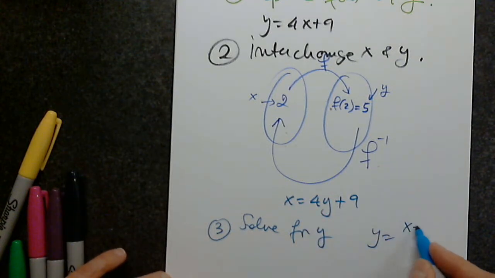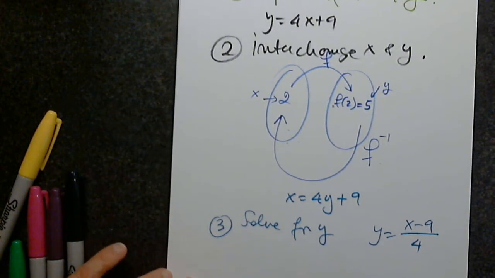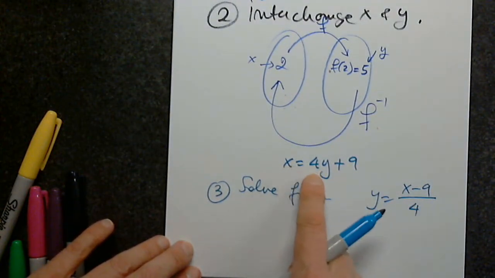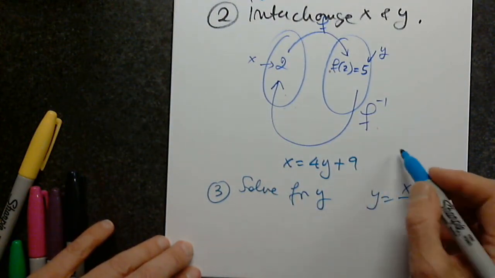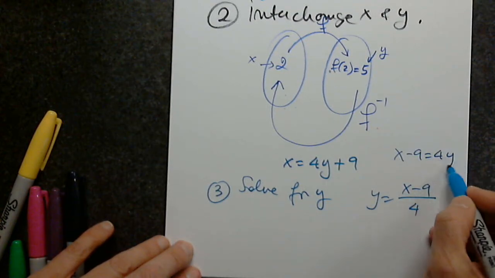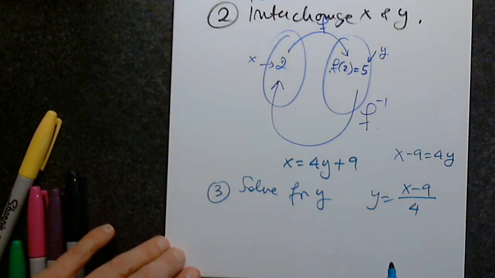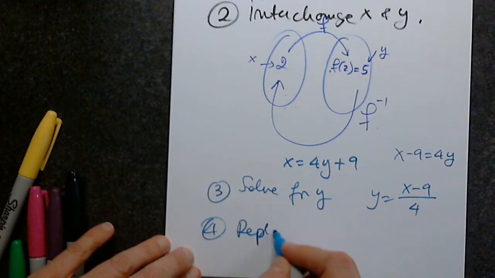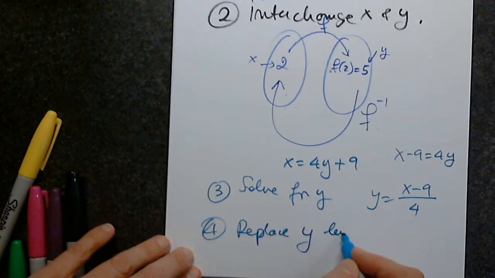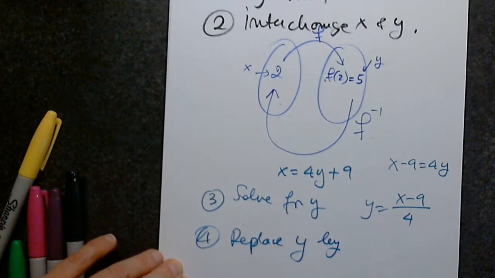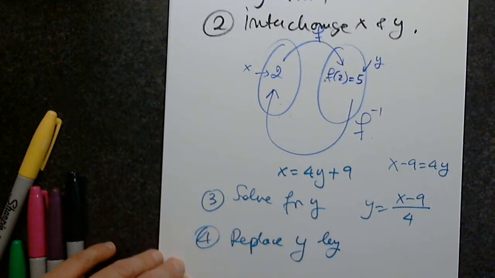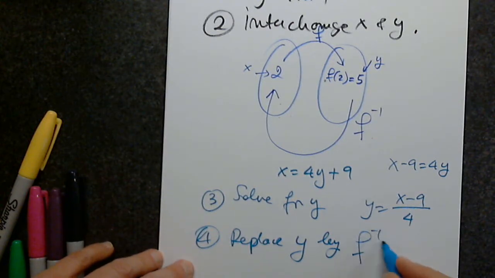So y equals x minus 9 divided by 4. It's a linear equation. I move 9 and divide by 4. So it will be x minus 9 equals 4y divided by 4, and I get this. In step 4, replace y by, what notation do I have to use now for y? Exactly, that's what I'm after.